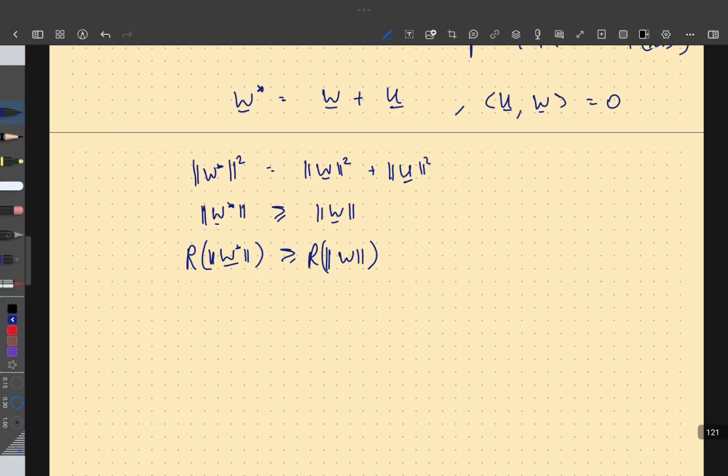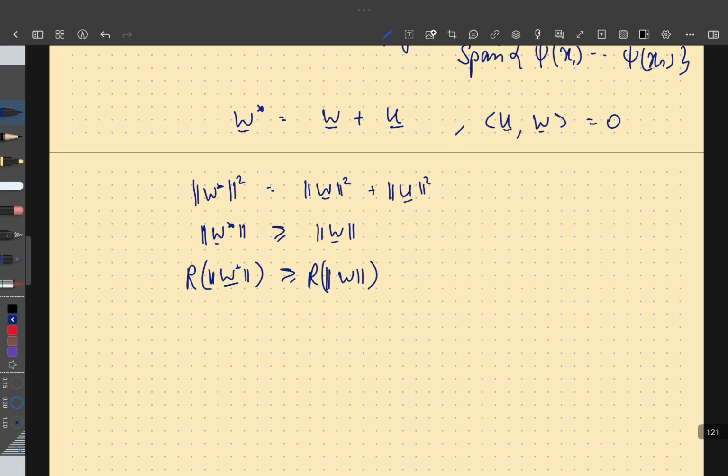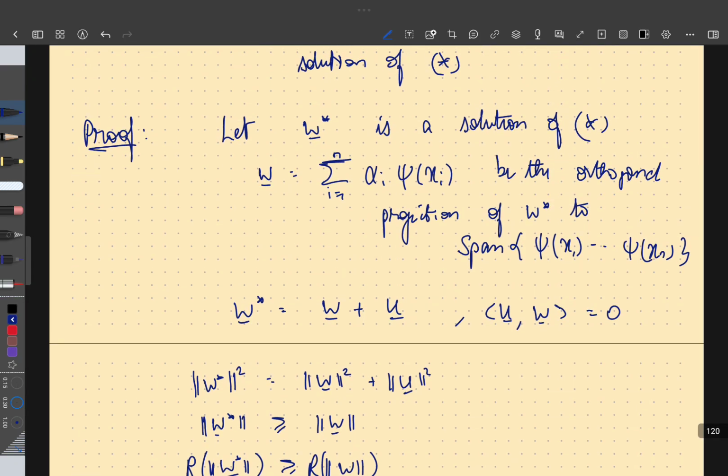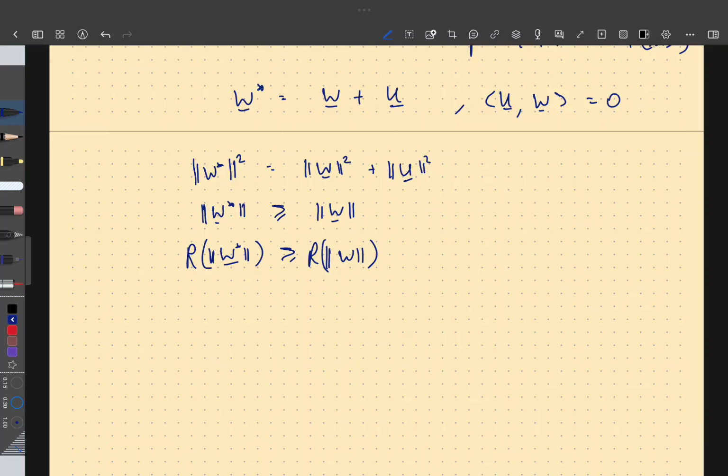Now let's consider the first term, and take the inner product between W star and psi of xi.